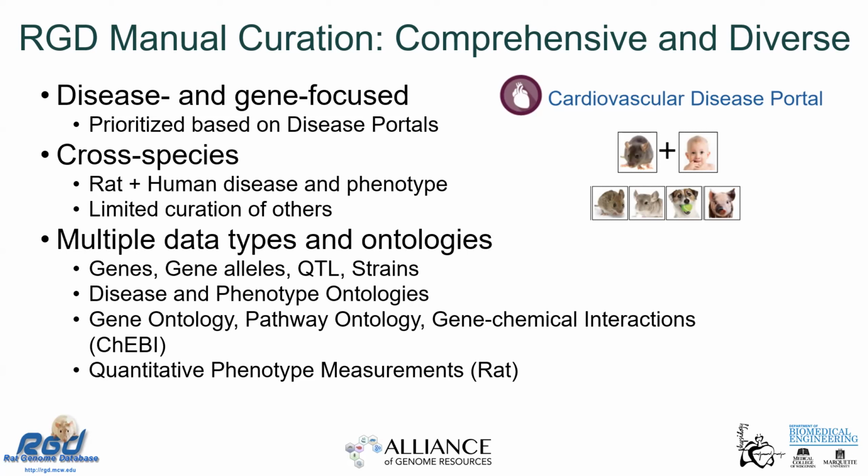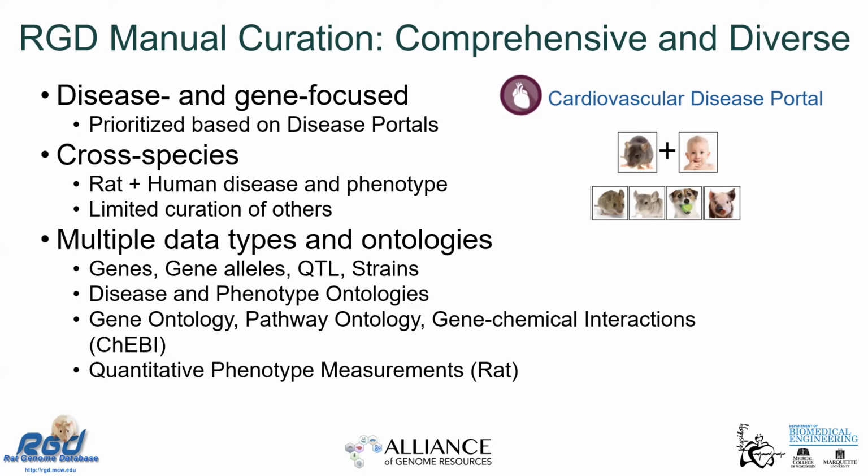But we do prioritize our curation based on our disease portals, which are basically consolidations of data for a particular disease category. So for instance, we have a cardiovascular disease portal that has information about genes, QTLs, and strains that are associated with cardiovascular disease, and then also across species.